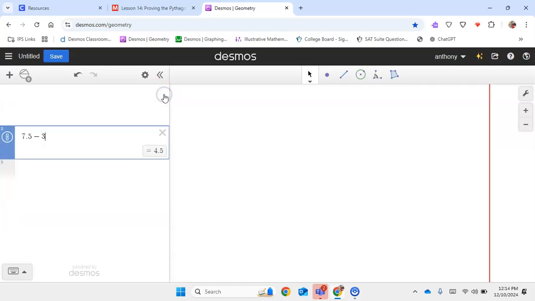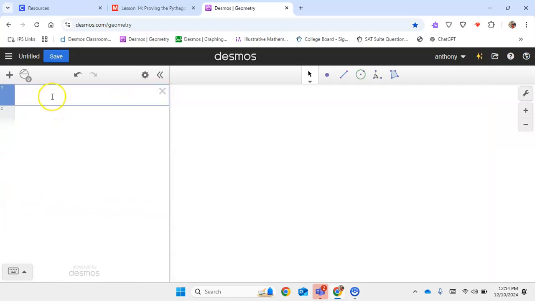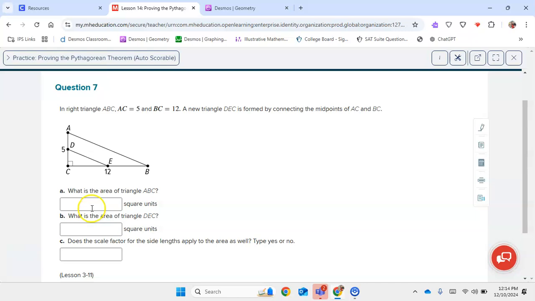So it'd be 1/2 times, what was its base? 1/2 times 12 times 5. You can see that would be 30.